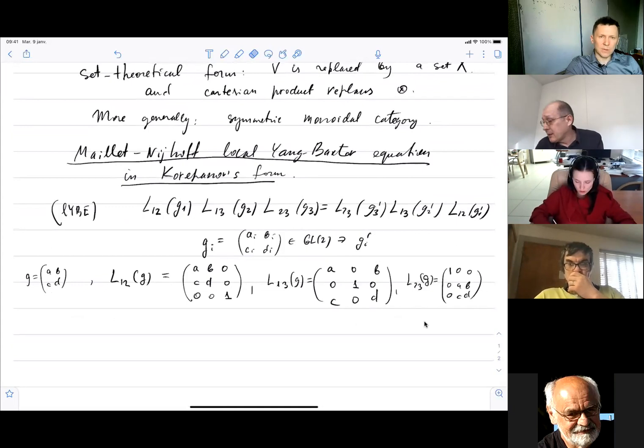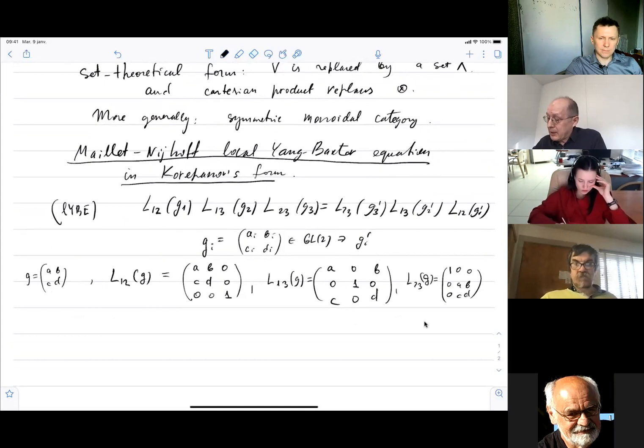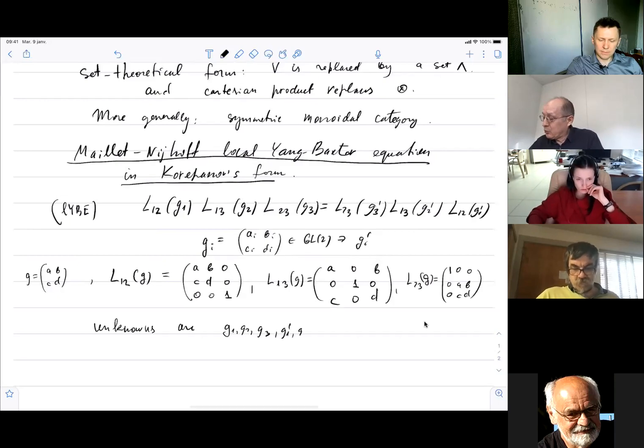And so we consider this as an equation for 6 matrices given by the Gi and Gi primes. Unknowns are G1, G2, G3, G1 prime, G2 prime, G3 prime.